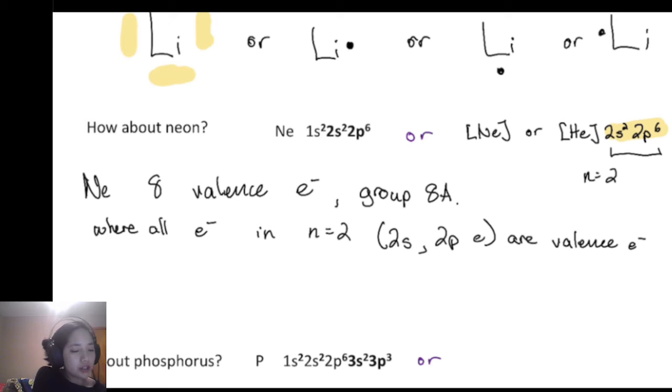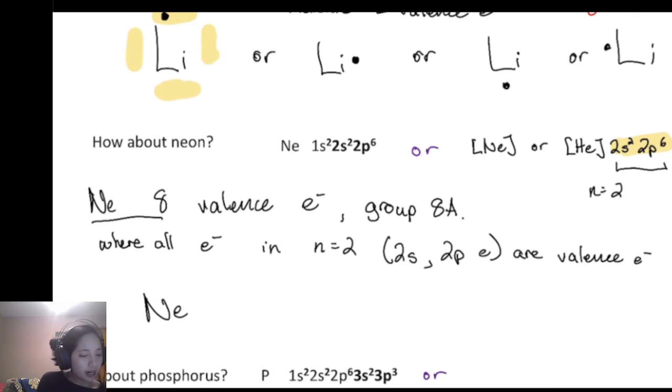Right? So if we wanted to write out a Lewis dot structure for neon, we need to indicate all 8 electrons. So we will write neon and go around neon and pair up all of those electrons to produce a Lewis structure that looks like this, where there's 8 electrons around neon. There's no other way to draw it out other than this.